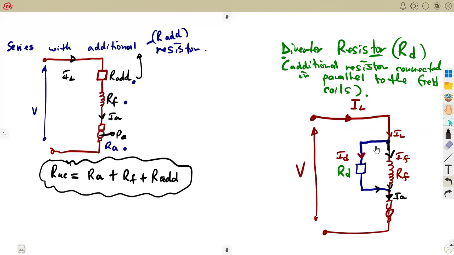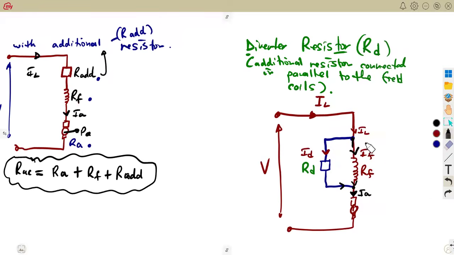The armature current. In our understanding, the load current that we had is the same as the armature current. The load current and the armature current are simply the same. So where this current is flowing, the armature current is also flowing. Remember, it goes to the armature, where we have our armature resistance, the power output, and so forth.